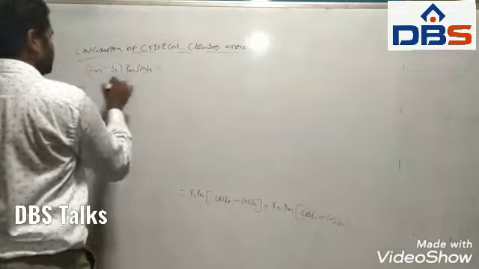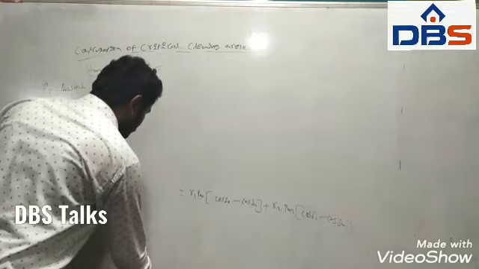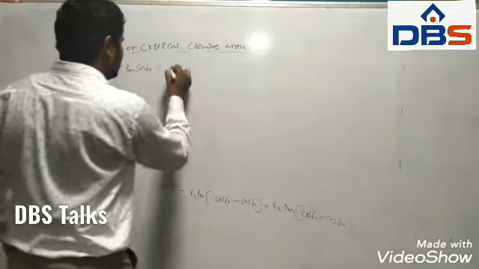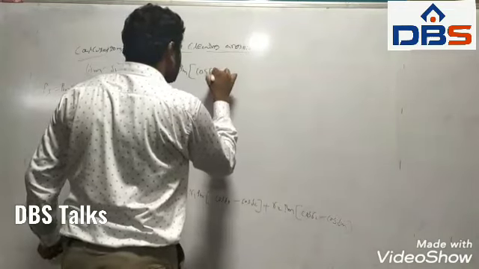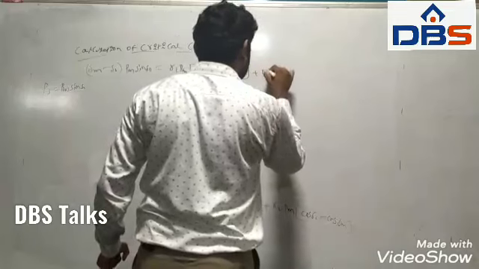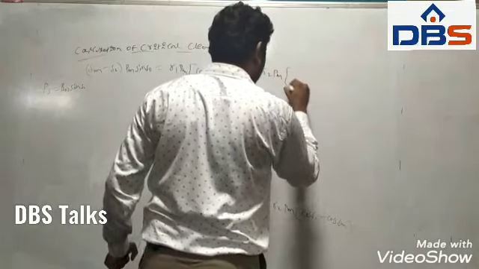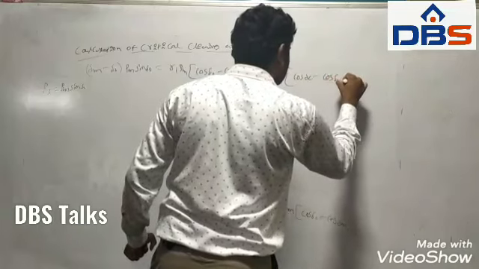So I am substituting this equation into this one. So it will give r1 Pm into cos delta naught minus cos delta c plus r2 Pm into cos delta c minus cos delta m.